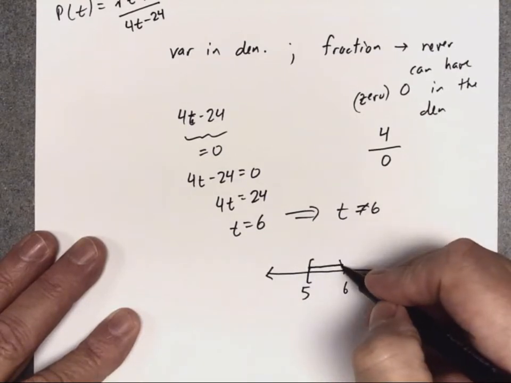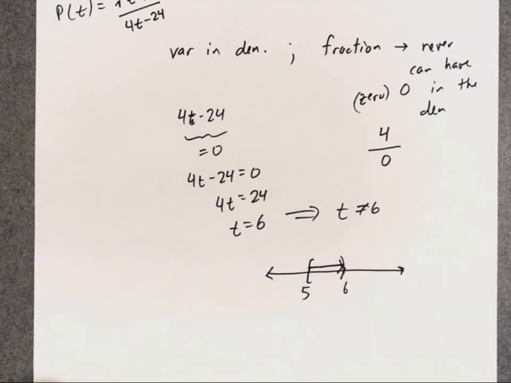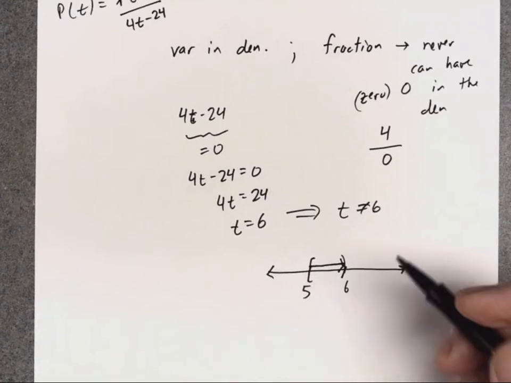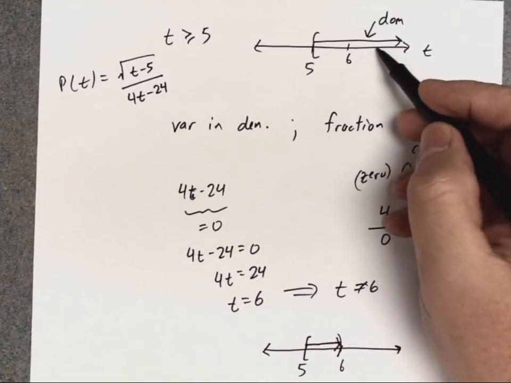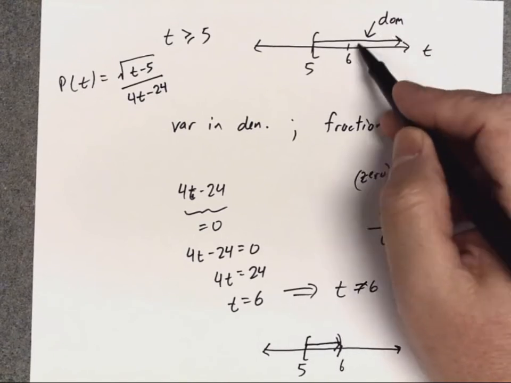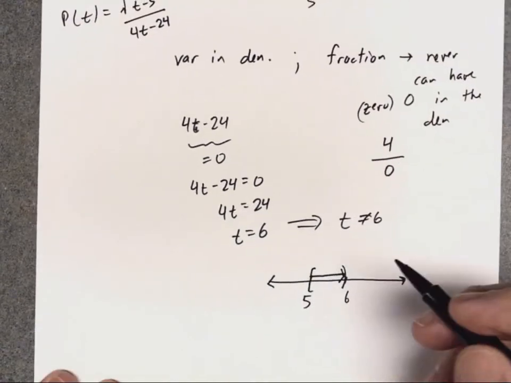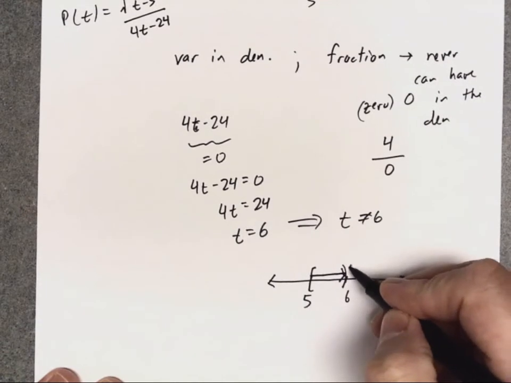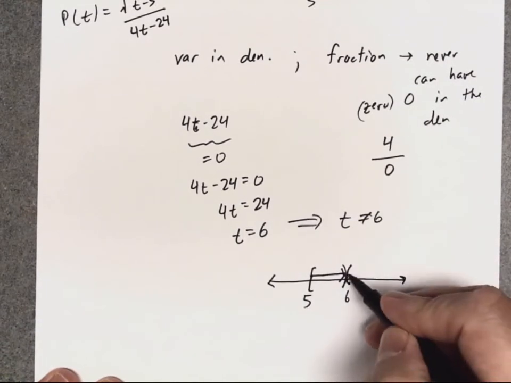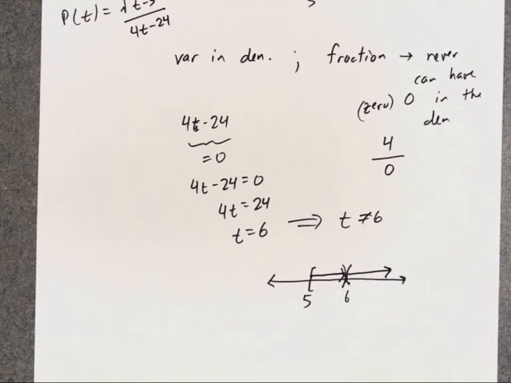I stop at 6, and I put a parenthesis because I cannot include 6 in my domain. However, if you look up here, what about all these numbers, everything greater than 6? That's part of my domain. So I draw another parenthesis at 6, and then I keep on going.